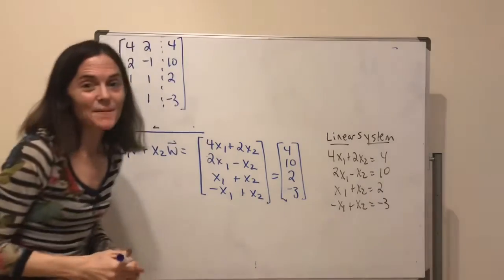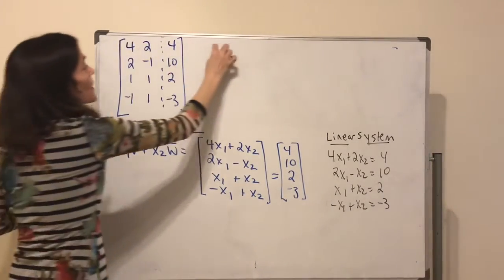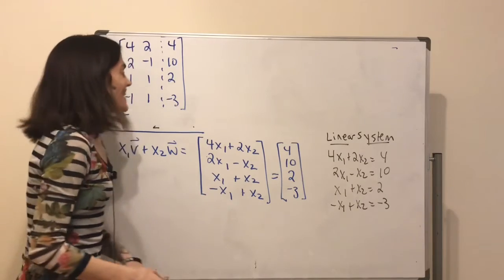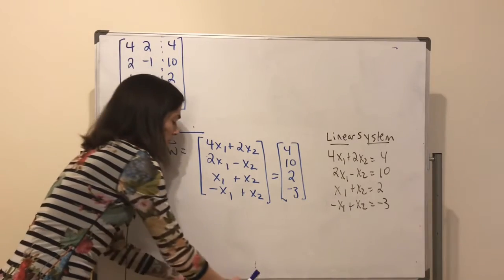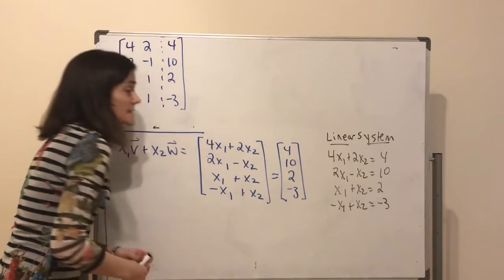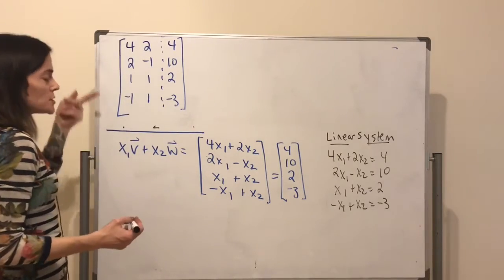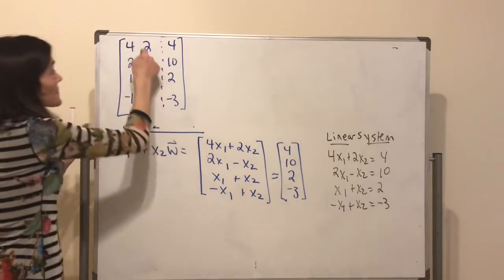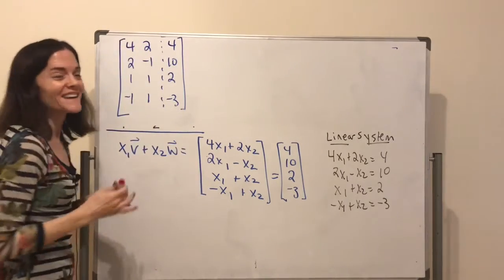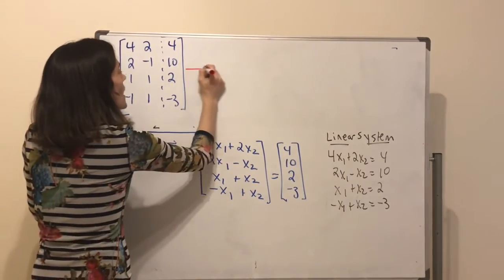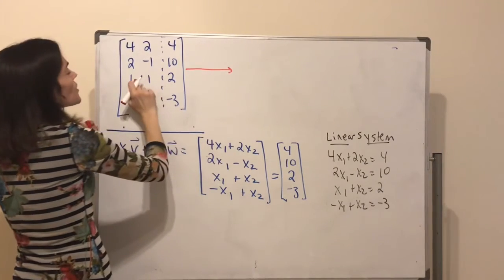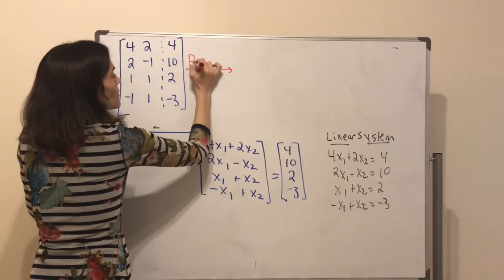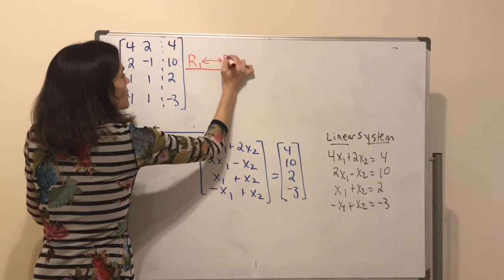The first thing I'm going to do: I could divide the top row by 4. This is not a problem, but it would introduce fractions. It's easier if I just swap two rows, and then I can avoid fractions, because I want to make this entry a 1. This already has a 1, so let's swap row 3 and row 1.